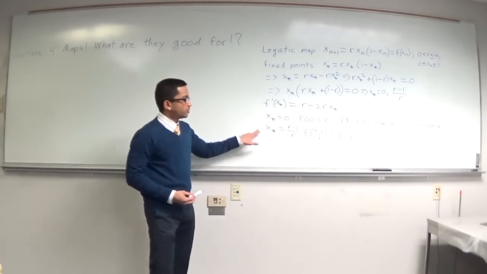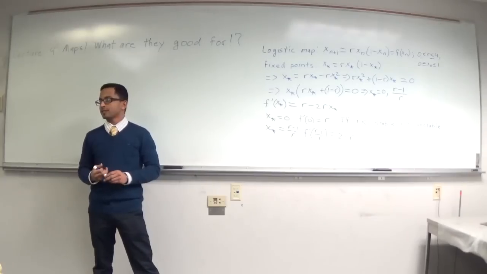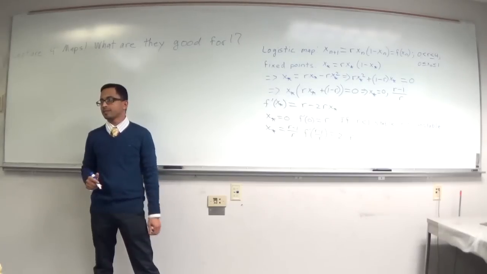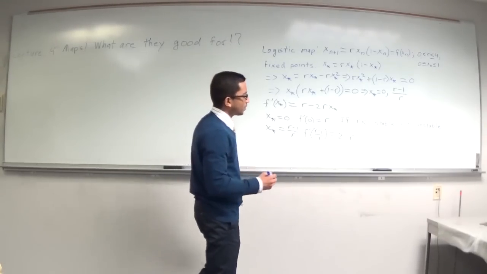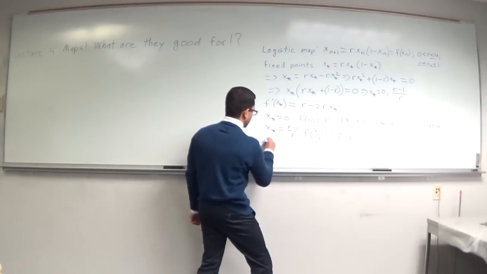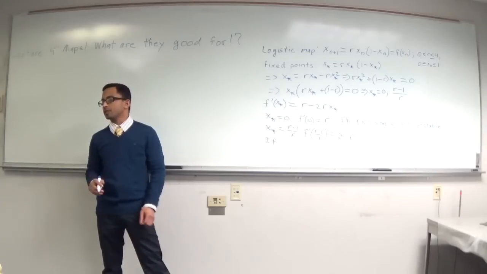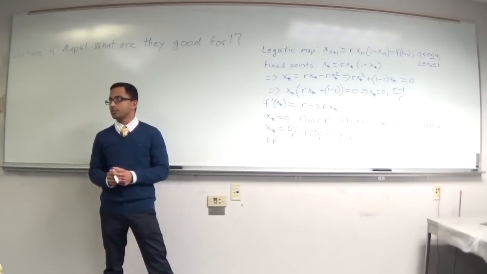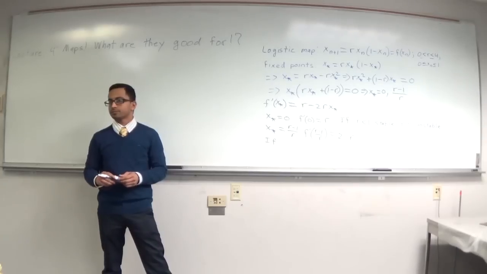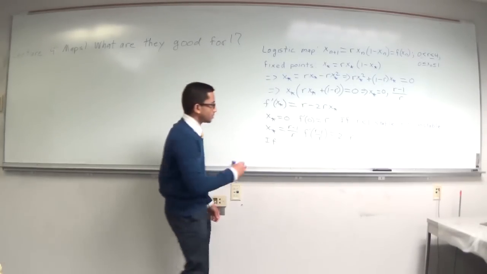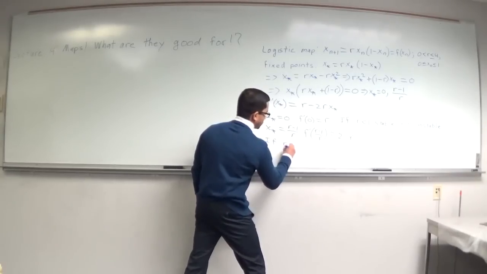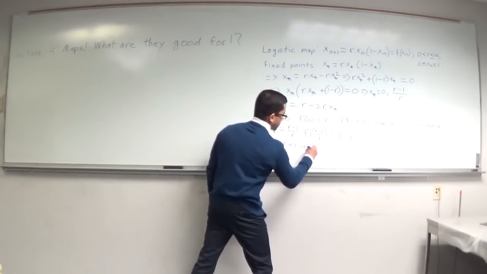And then how about for this one? Okay, so for this, let's take R below 1 first. What happens when R is less than 1? So it's unstable, right? If R is less than 1, it's unstable.